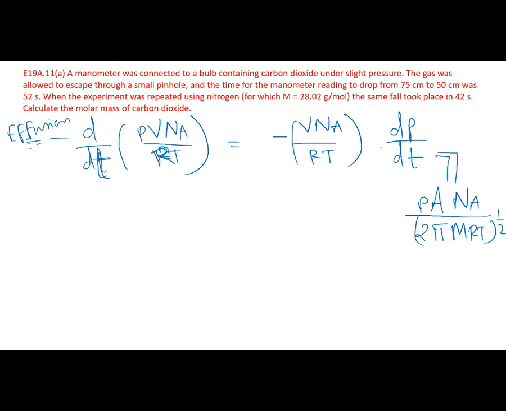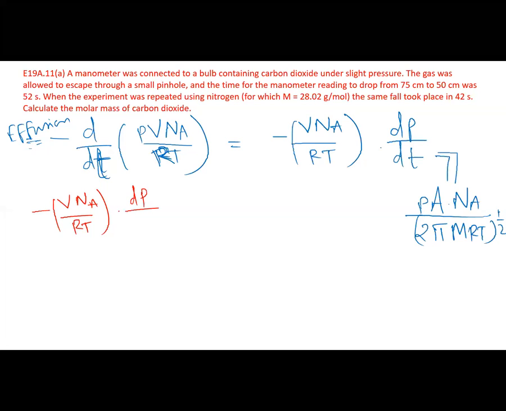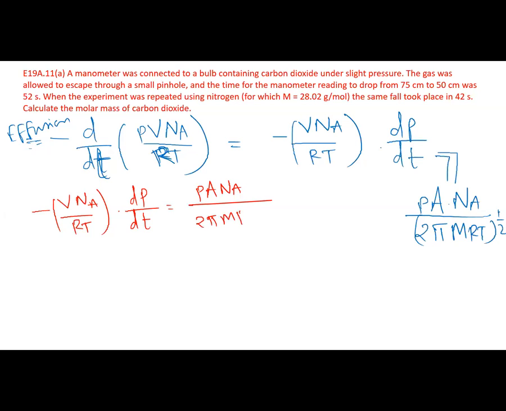Probably I might need to rewrite this. So it's V NA over RT times dP over dt is equal to P A NA over 2 pi m RT power half.